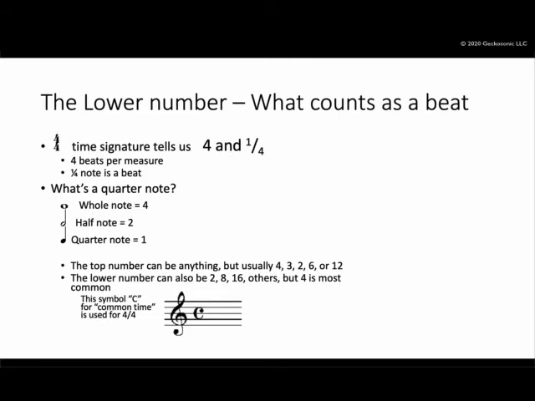It can be other even numbers, but 4 is what you're going to see the most commonly. By the way, the 4/4 time signature is so common that some people call that common time. And instead of seeing a 4/4, you're going to see this symbol that looks like a C for common time. That's how common it is.